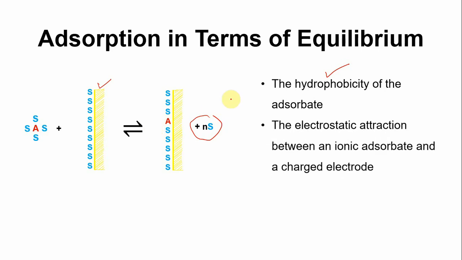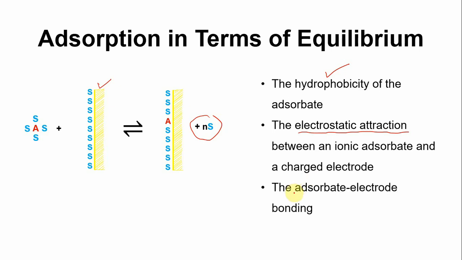Now, the electrostatic attraction between an ionic adsorbate and a charged electrode can matter a lot. And obviously, once the electrode is connected to the power supply, the charge will vary significantly and the electrostatic attraction will also be changed.